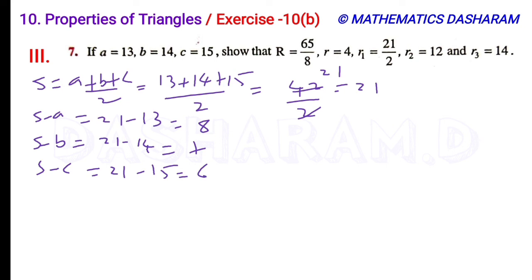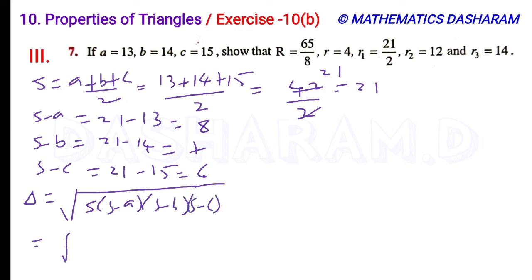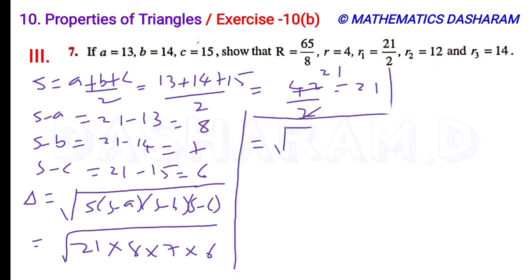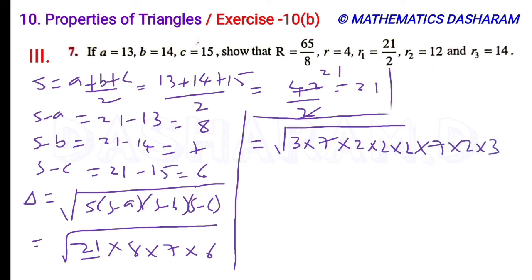Now let us find the delta value. The delta formula is the square root of s into (s minus a) into (s minus b) into (s minus c). So under the root, s value is 21, s minus a is 8, s minus b is 7, s minus c is 6. Factorizing, 21 is 3 into 7, 8 is 2 into 2 into 2, 7, and 6 is 2 into 3.